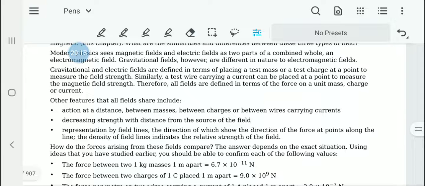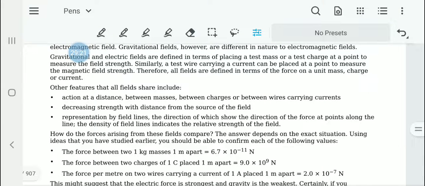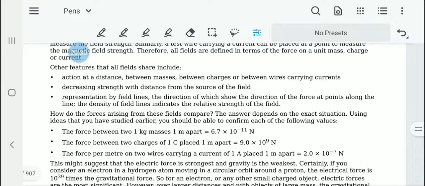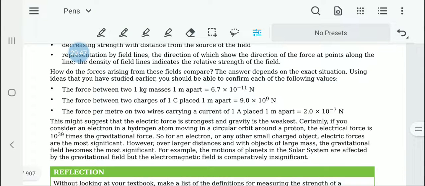Number 2, decreasing strength with distance from the source of the field. That is, the further apart they are, the lesser the field strength. Next one, the higher the field line density, the higher is the strength of the field. The forces that they generate can be compared as follows.